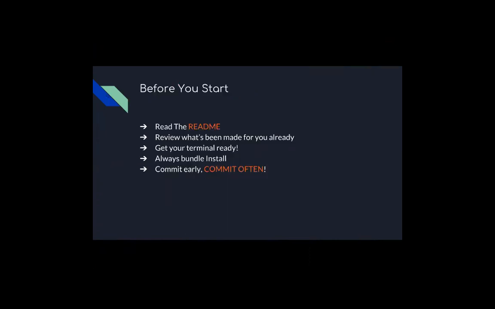So before you start, it's a small reading, but read the README. Okay. Some of it might feel overwhelming or confusing, but do a once over of what the README is actually telling you. And then scope into, okay, what is the one thing I need to do first?